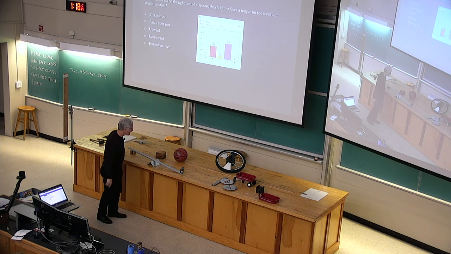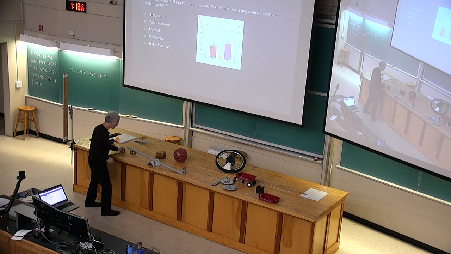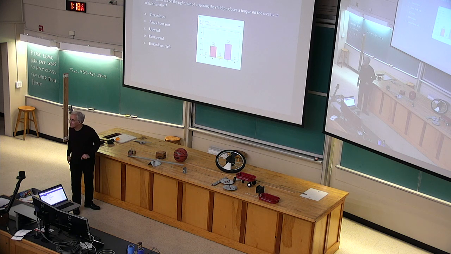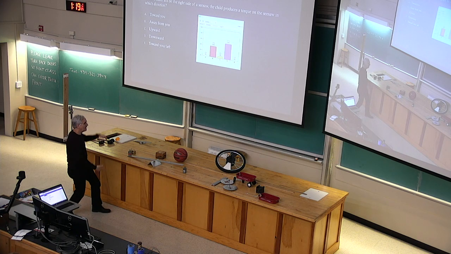And if I take that kid off and put a second kid over here on the left, of course, they produce a torque in the opposite direction. It's obvious that it happens. If I do it, we'll get a bang, and the rotation will be toward you. The first kid on the right produces a torque away from you. This one produces a torque toward you.